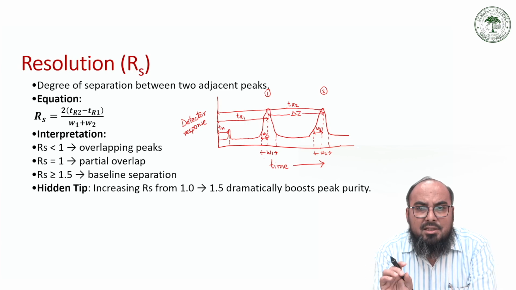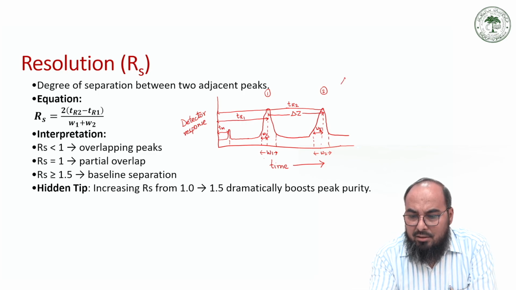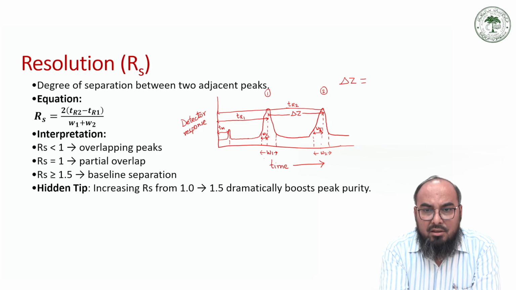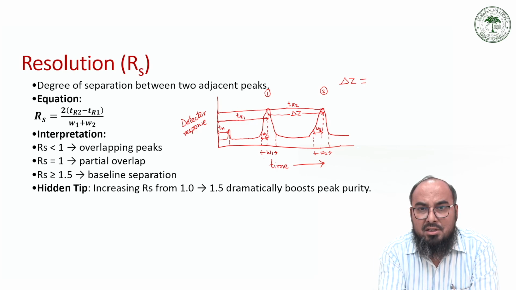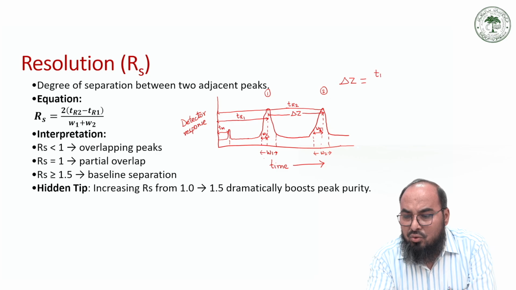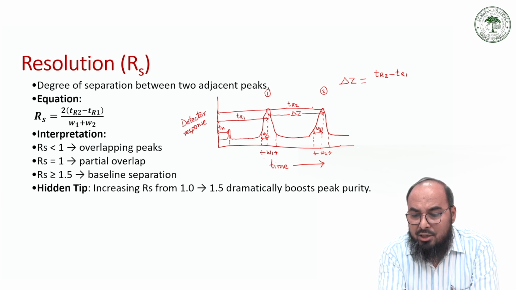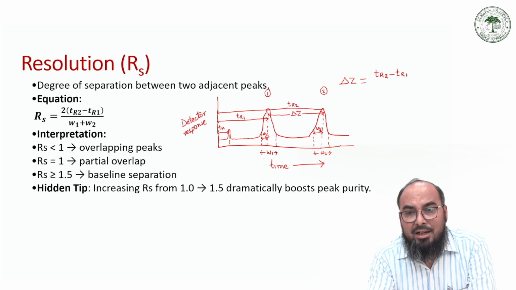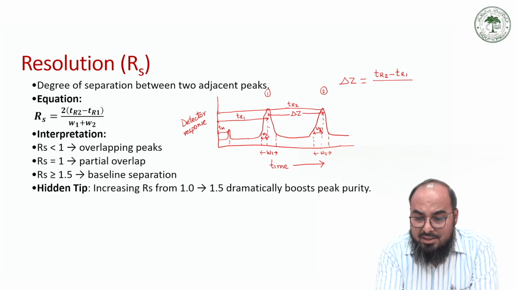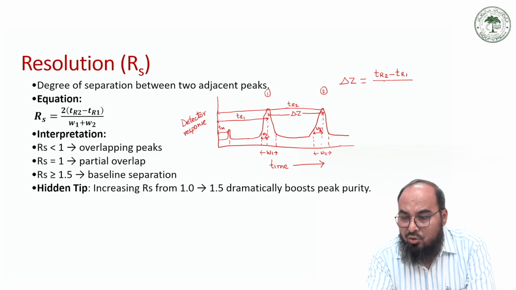Now by simple logic, delta Z may be defined as this whole distance Tr2 minus Tr1, because we have to calculate this distance. This whole is Tr2, and this is Tr1. So Tr2 minus Tr1 upon this distance, we know it is W1 half, and this distance is W2 half.